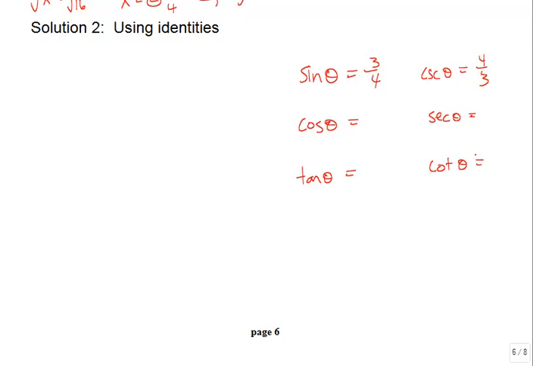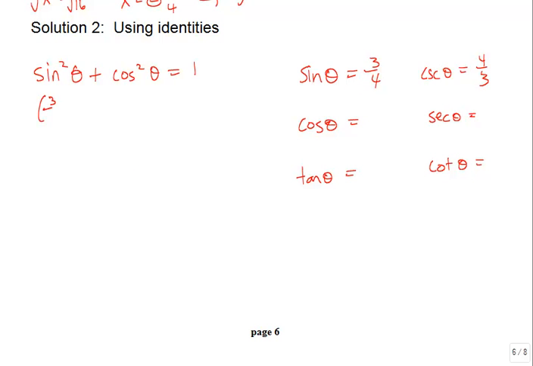So to do it this way, and this is totally your option, whichever way you want to do it is up to you, we're going to use those Pythagorean identities. And I'm going to start with that very famous one, sine squared theta plus cosine squared theta always equals 1 because we're on that unit circle. I know what the sine of theta is. It's 3/4.